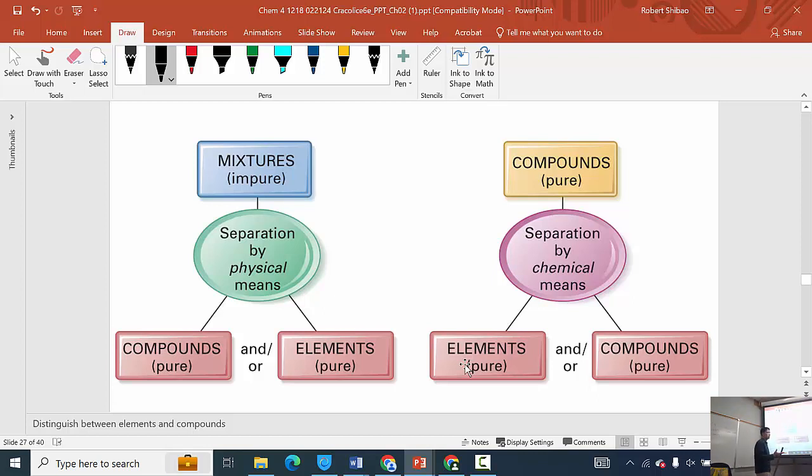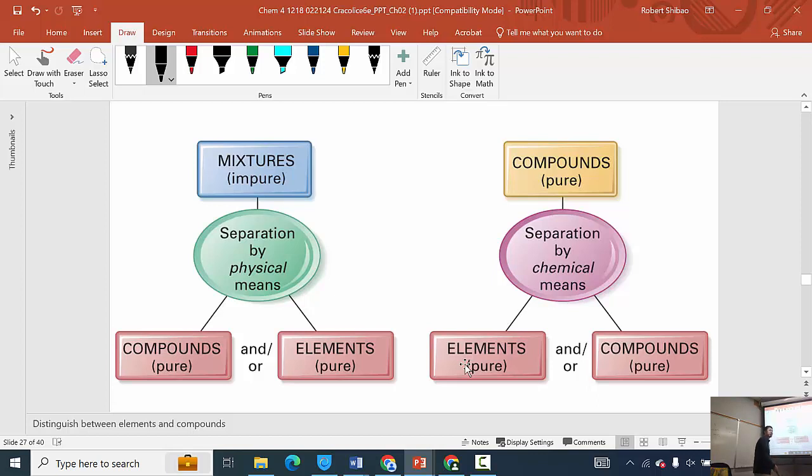Sometimes we can tell by its look. If it looks homogeneous, then we don't know if it's a mixture or pure. And so typically what we do is we try to separate it or look at its properties. If it's homogeneous, we might try to separate it using distillation or something, since filtration doesn't work so well because it's homogeneous.